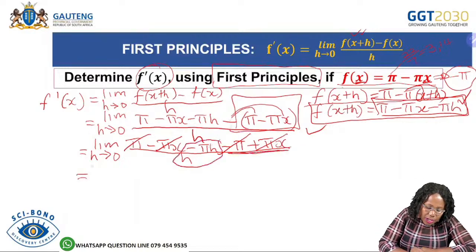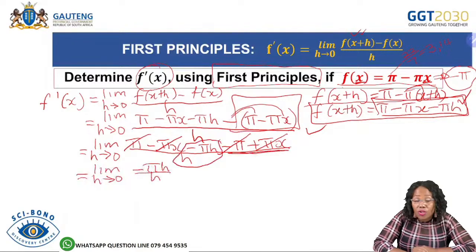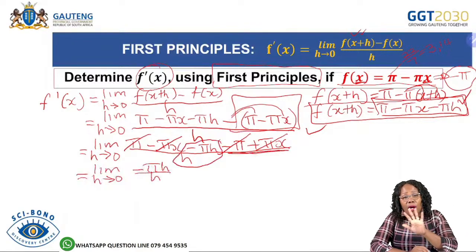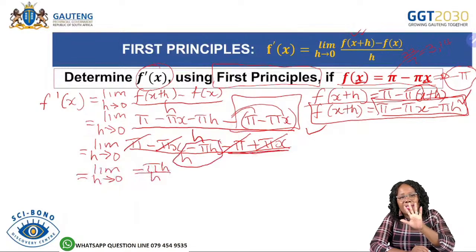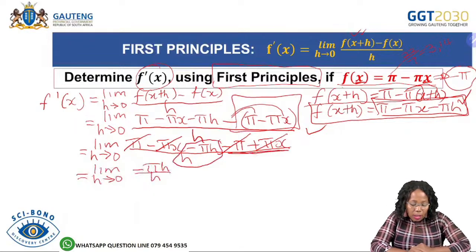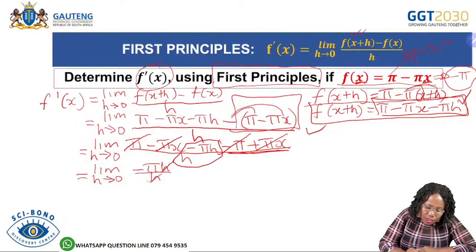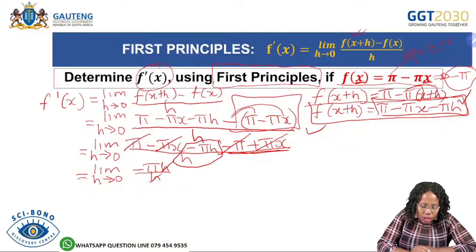So the next step, write down what is remaining. Limit of h approaching 0 will still appear there. You are left with minus pi h over h. Can you see, grade 12? You are only left with what is having h. The minute something else appears there, that means you are going wrong. Right. And then an h will cancel an h, their division.